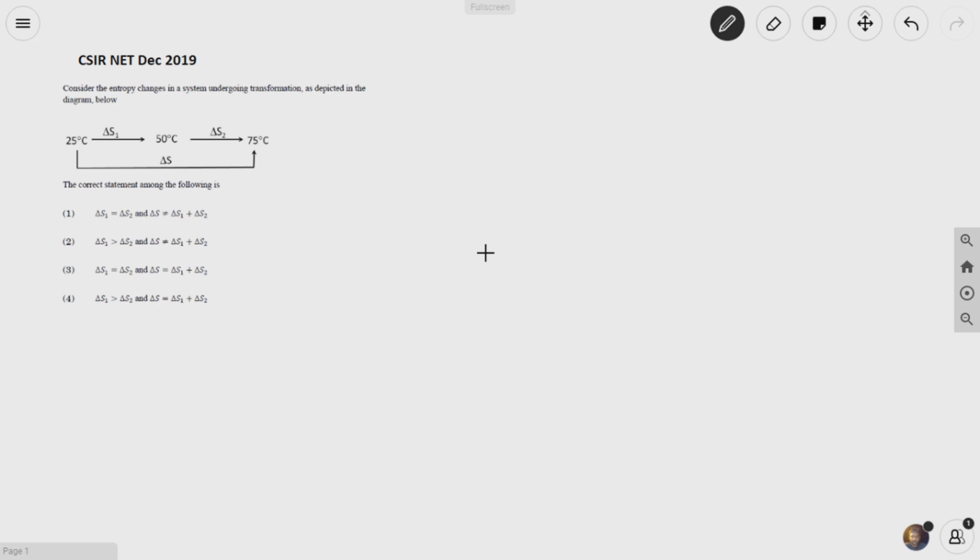So before starting the question, we should know the property of entropy. Entropy is a state function. So what do you mean by entropy is a state function?